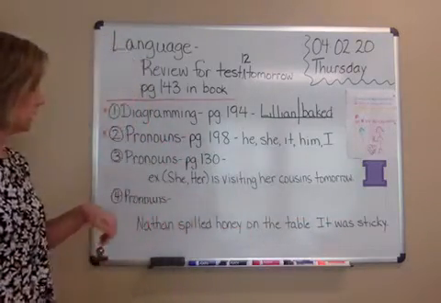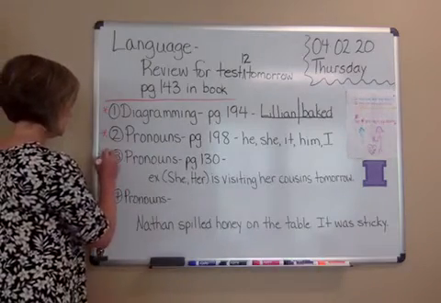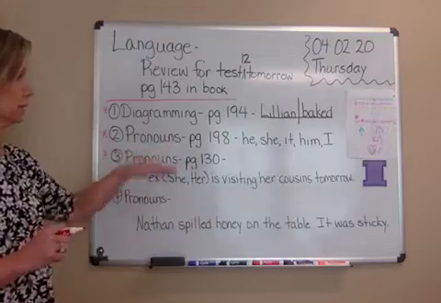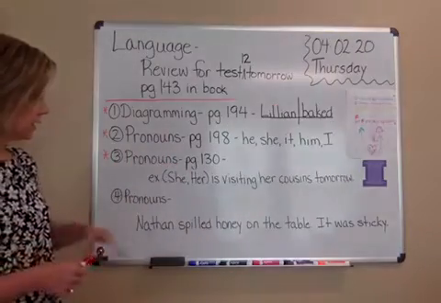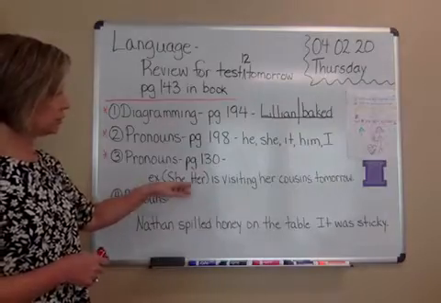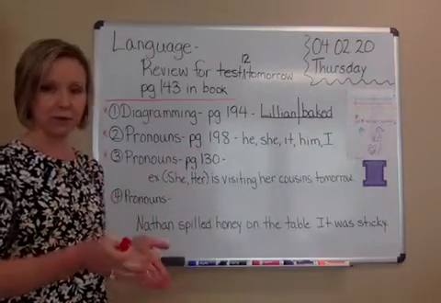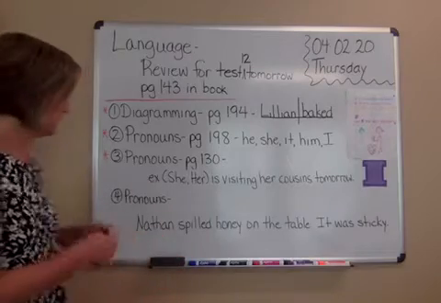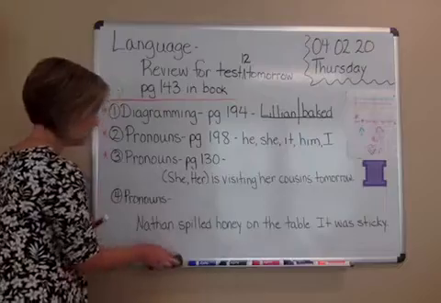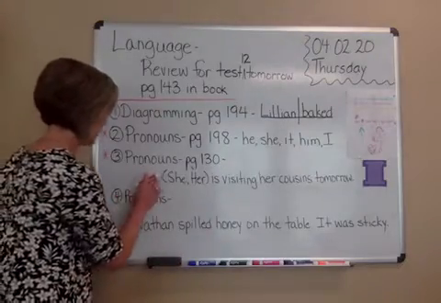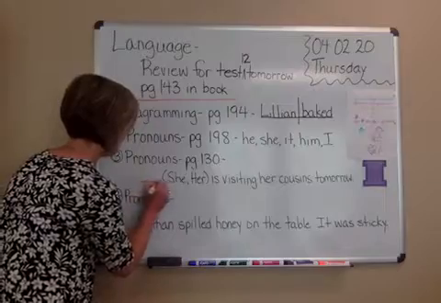Okay? Number 3, pronouns. Page 130, we did some examples this way, where you had to divide, find the subject, find the verb, and then find the pronoun. And one thing that I failed to put here is if it was on the subject side or the predicate side.